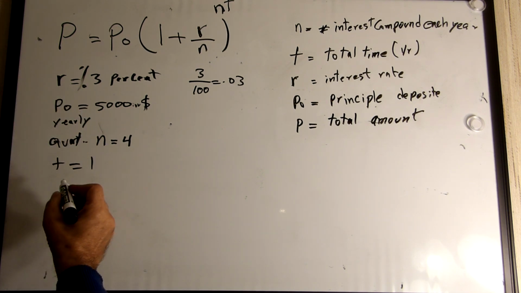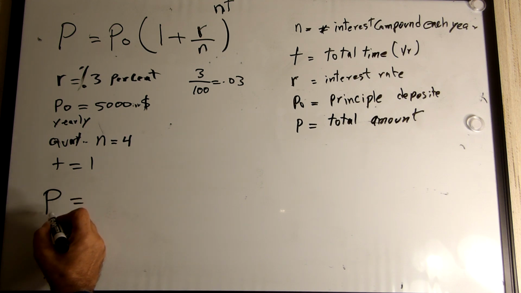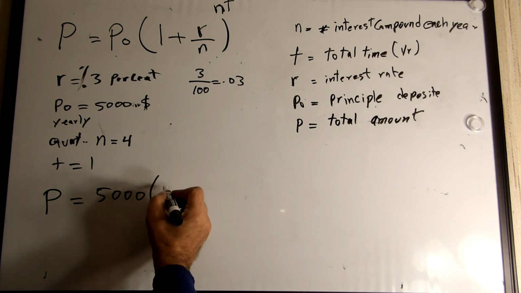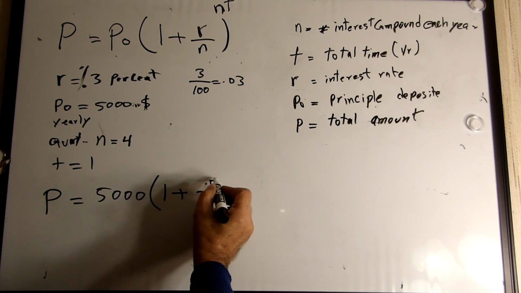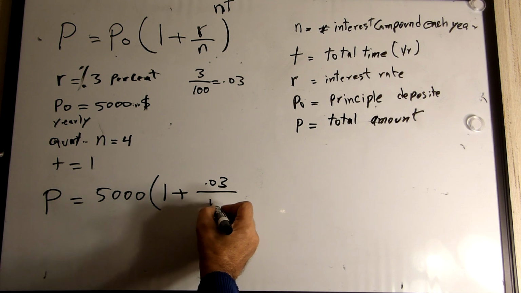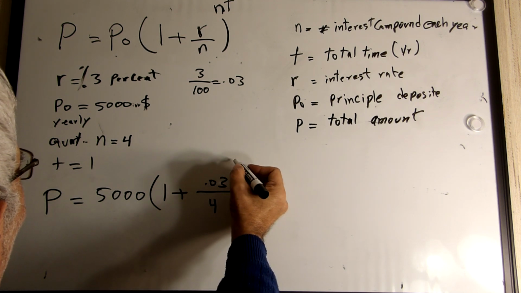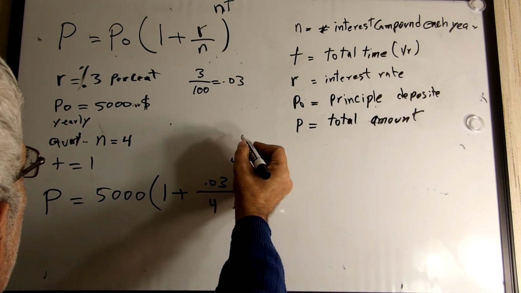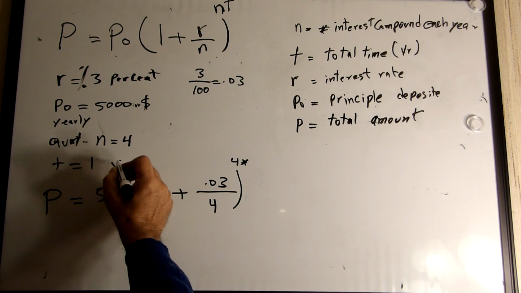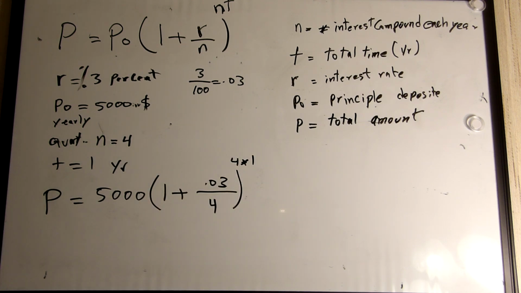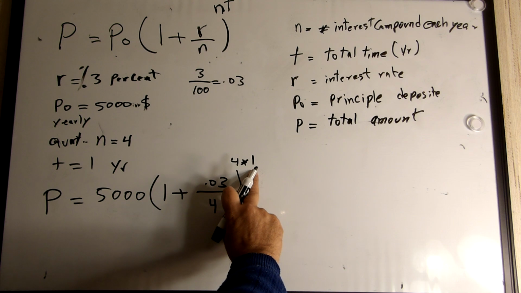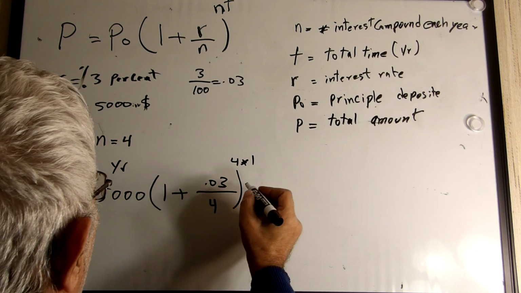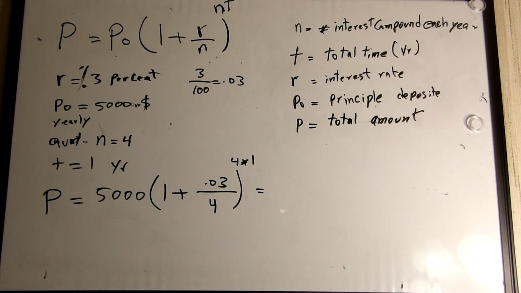So in this formula we use P, the principal, 5,000, times 1 plus r, 0.03 divided by n, n is going to be 4, and n times t. t is 1 year, for 1 year. If it's 2 years, you put 2. This is t, the total time in years.